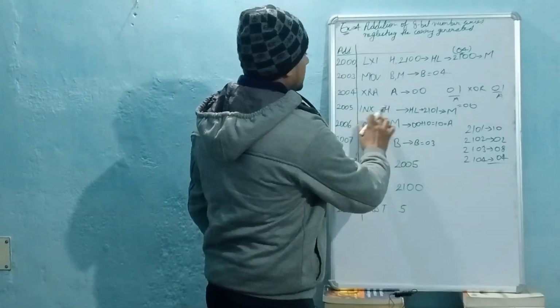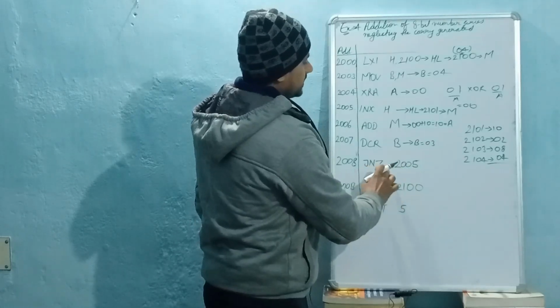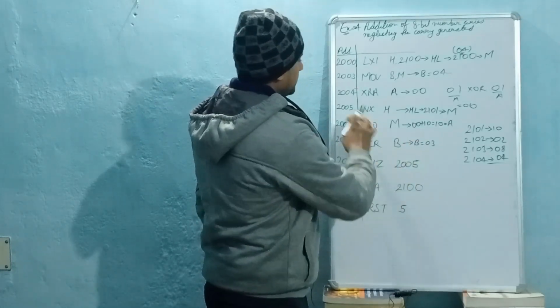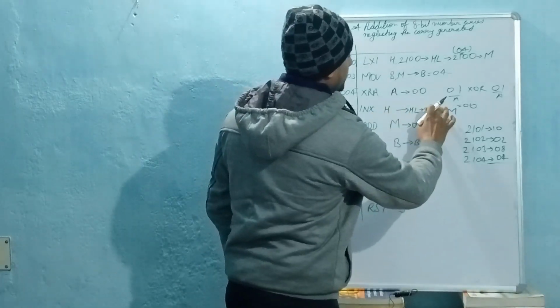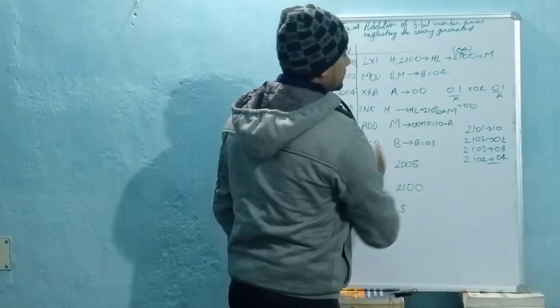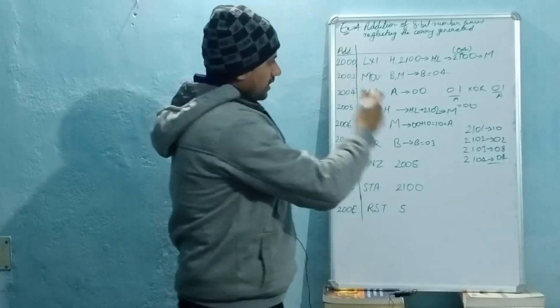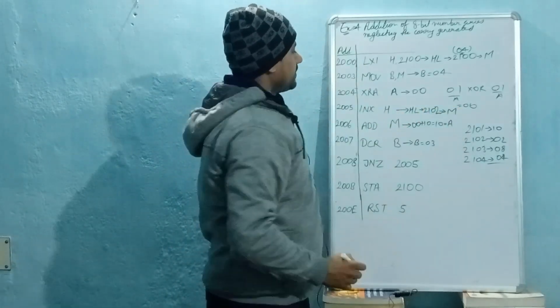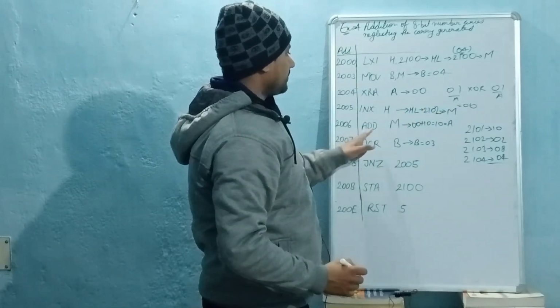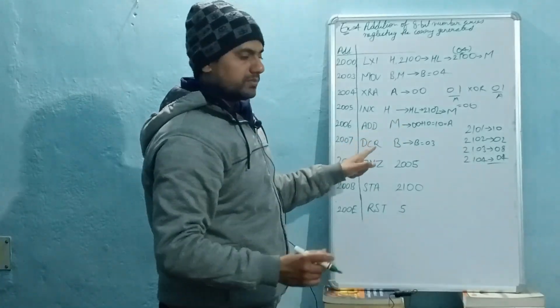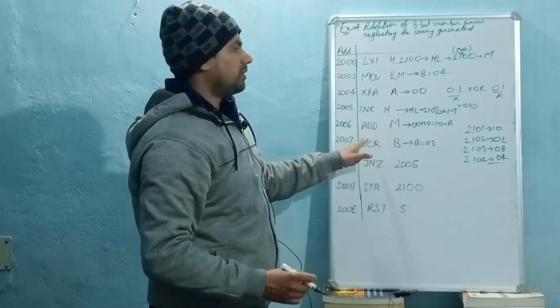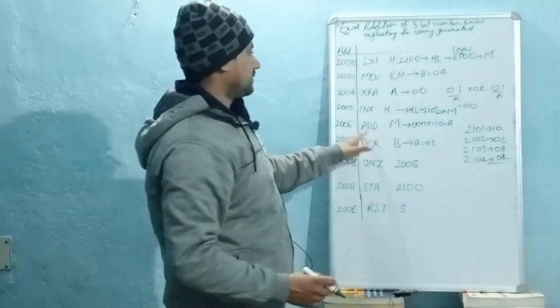So JNZ means since it is not 0, it jumped here, so increment H means now it becomes 2102. Okay. Next here it is memory, add M. Add M means the content of the memory will be added to the content of the accumulator.